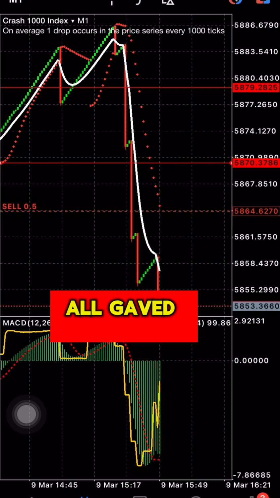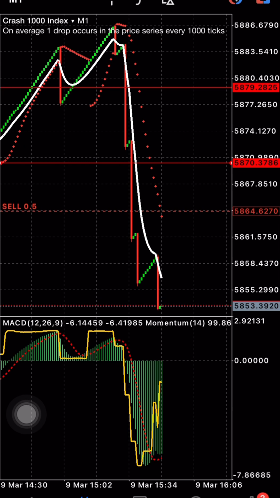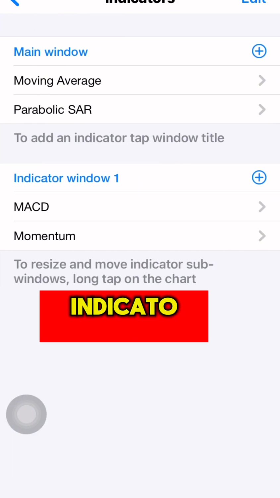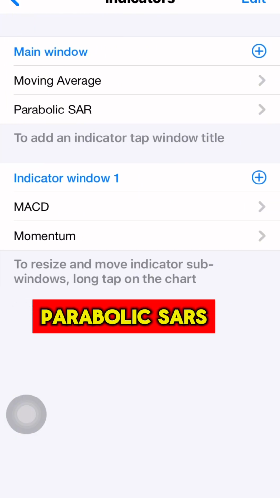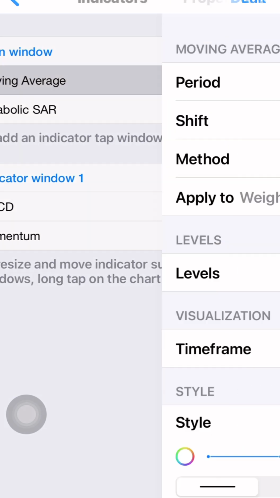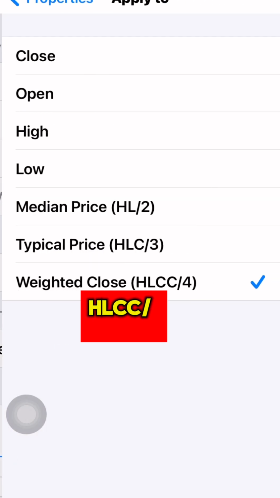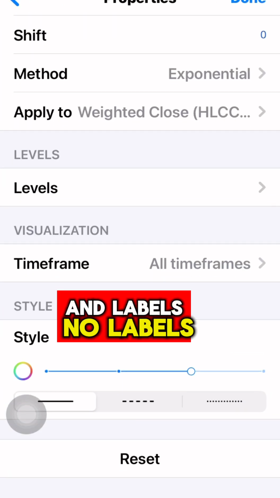Let me first of all give you the settings so that I can give you a few guidelines for this strategy. On the main window, you have the moving average and the parabolic SAR. The moving average settings are period 9, shift 0, method exponential, apply to weighted close HLCC/4, no labels.